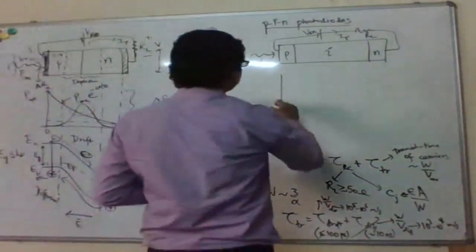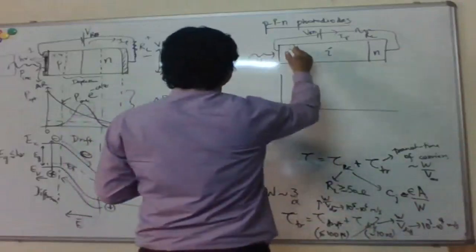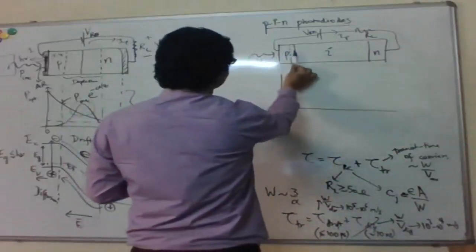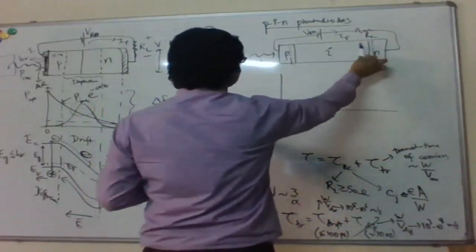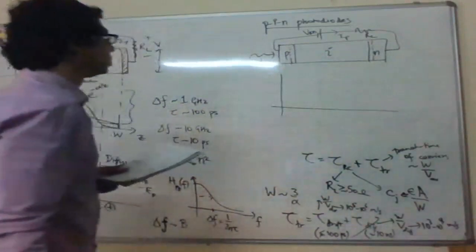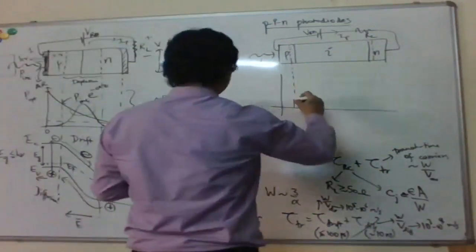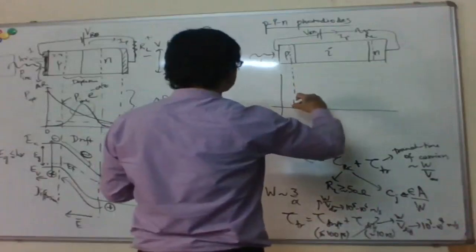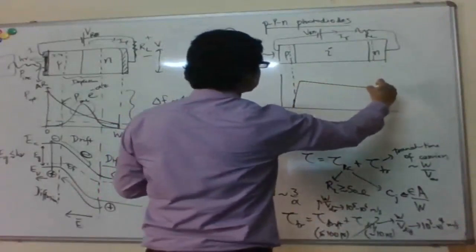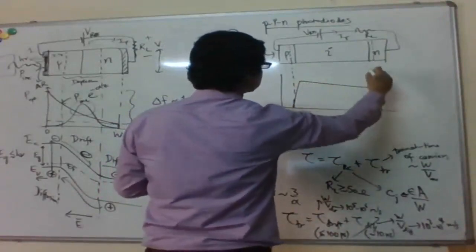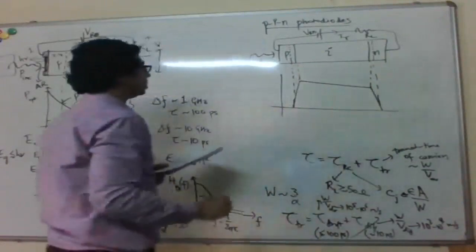If I look at the electric field for this kind of device, of course there is some depletion region here into the P region and N region, but it extends all over the intrinsic region. Okay. So if I look at the electric field, it looks something like that.